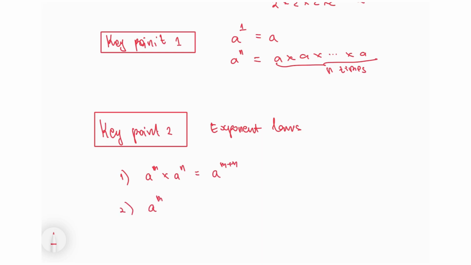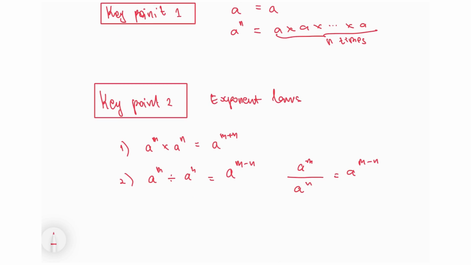A to the power m divided by a to the power n is a to the power m minus n. Alternatively, we also write using fractions. It's also a common way to write.